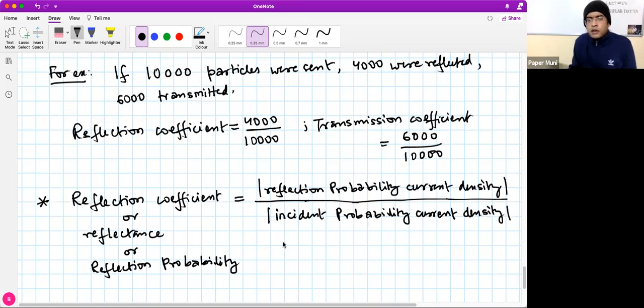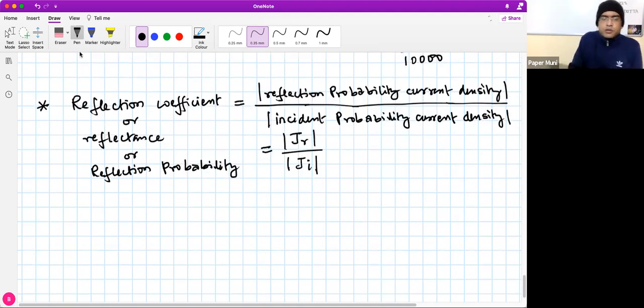All right. Now this is written as JR, the reflection probability current density, divided by JI. All right. Now this is how we measure the reflection coefficient in this case.